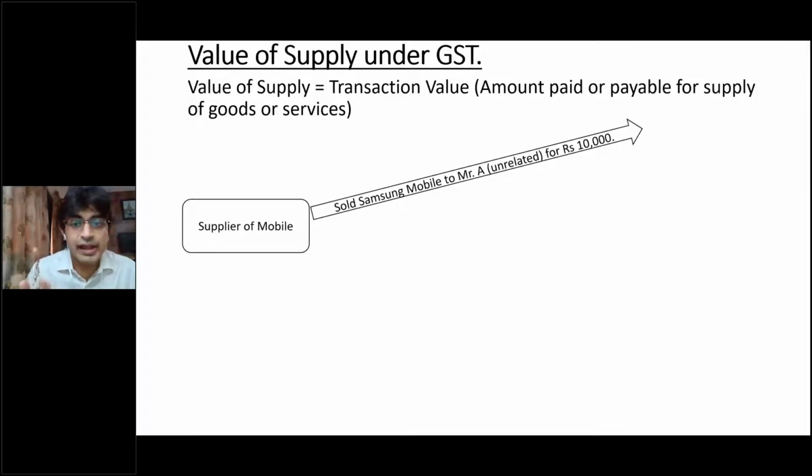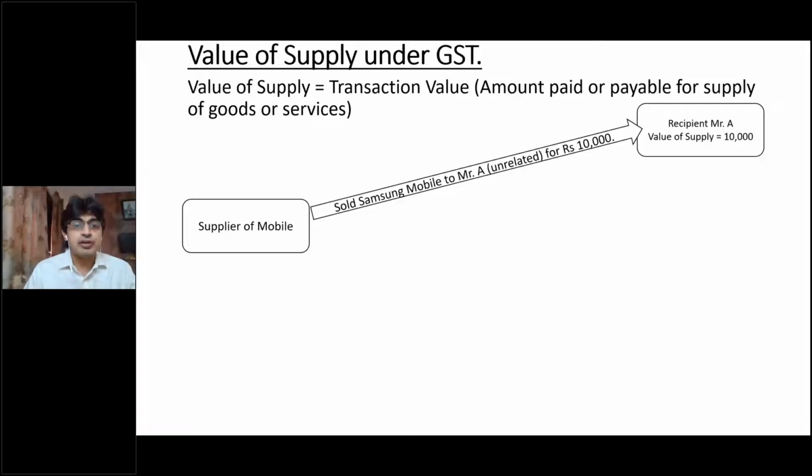What will be the value of supply? The value of supply shall be 10,000, the amount for which I sold the mobile. Why? Because the recipient is unrelated and there is only monetary consideration.